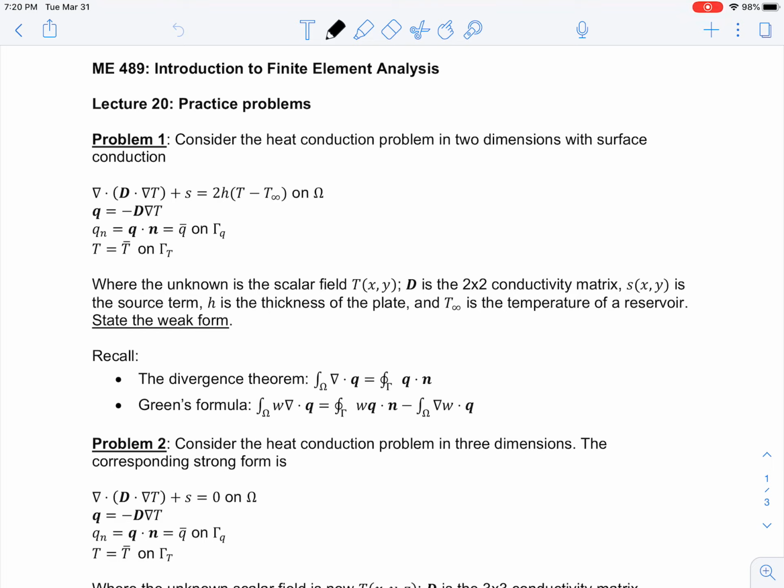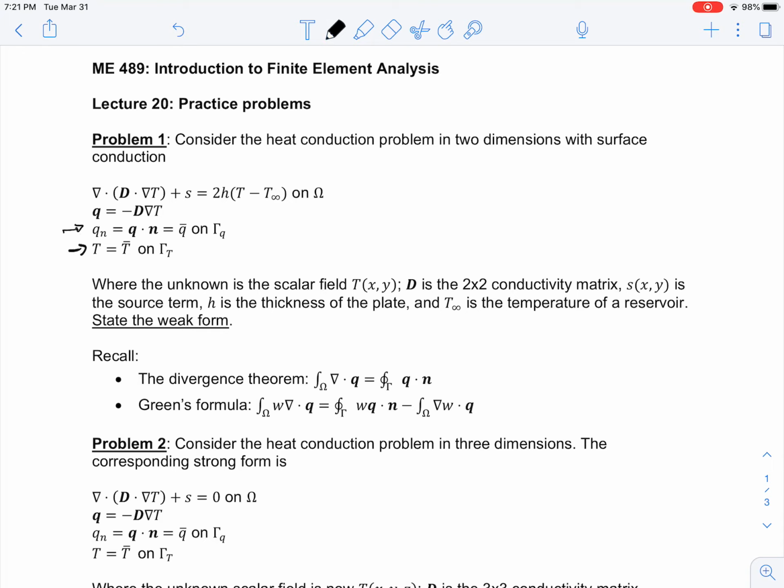So problem 1 is: consider the heat conduction problem in 2 dimensions with the conduction specified by this PDE, where the divergence of the conductivity matrix times the gradient of the temperature, which is the flux, plus some source term equals some constant times some temperature proportional to the temperature at the reservoir, which is T infinity.